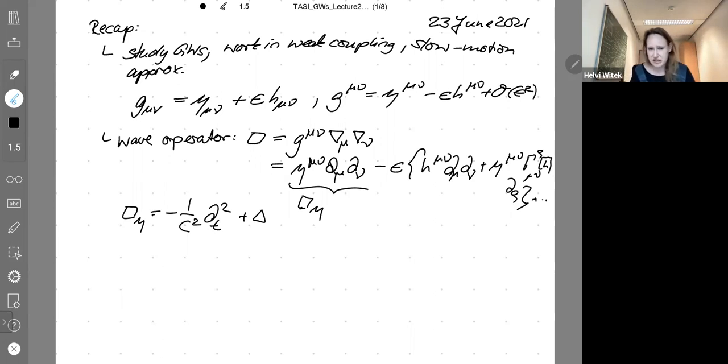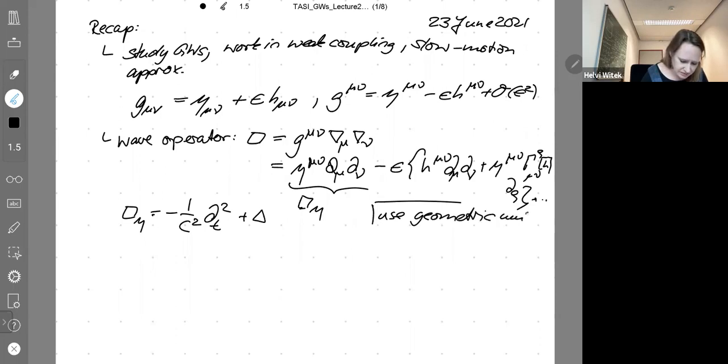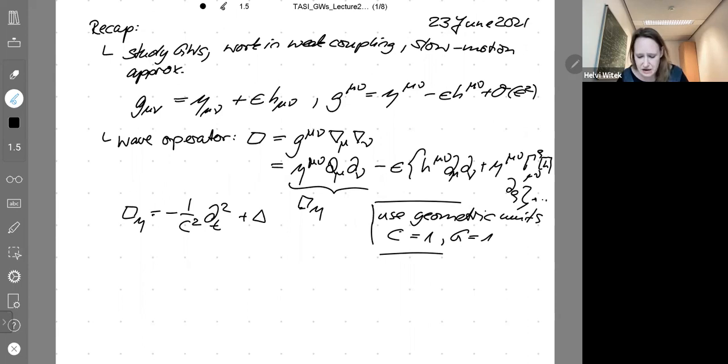This is probably something we missed, because we discussed that finding a wave equation for our perturbation also indicates that gravitational waves travel at the speed of light, but this wasn't quite as obvious because we use geometric units where we set the speed of light to 1. This is just a reminder that I set c equal to 1 and Newton's constant to 1, unless I need them explicitly for an order of magnitude calculation where I want to put in numbers.